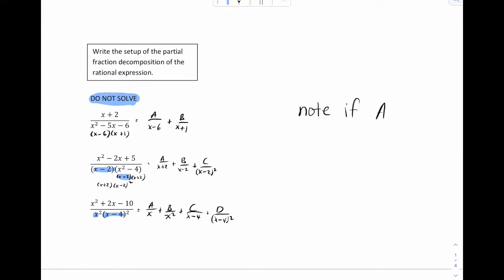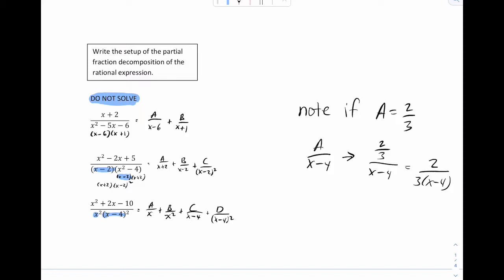The last thing I want to discuss with you before you work on the problems is this note. Let's say you get a fraction, like A is equal to 2 over 3, and you have A over x minus 4. The way you plug it in is you'd write 2 over 3 over x minus 4. So we can see our substitution, but you can't leave it as a complex fraction. So what happens is it just becomes 2 over 3 times (x minus 4).